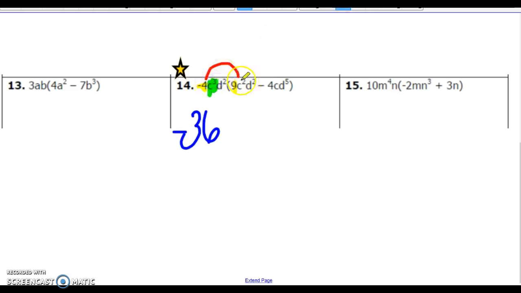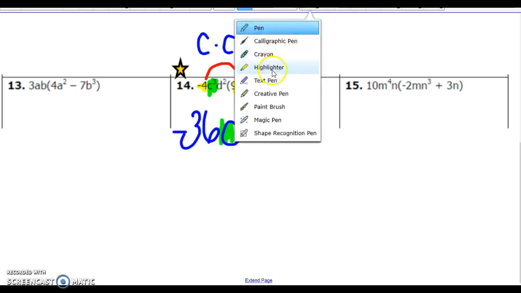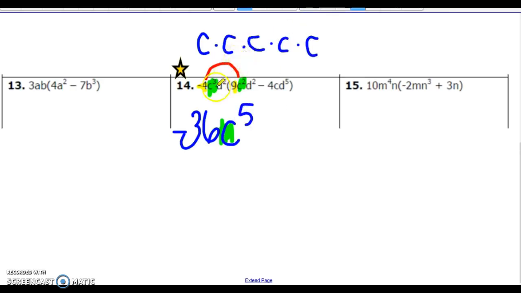What does that multiply by? The c squared. Do you know what those give you when you put them together? It's c to the something, but do you remember c to the what? C to the fifth. How come? Well, this c to the third means c times c times c, then times another c squared gives me c to the fifth power.